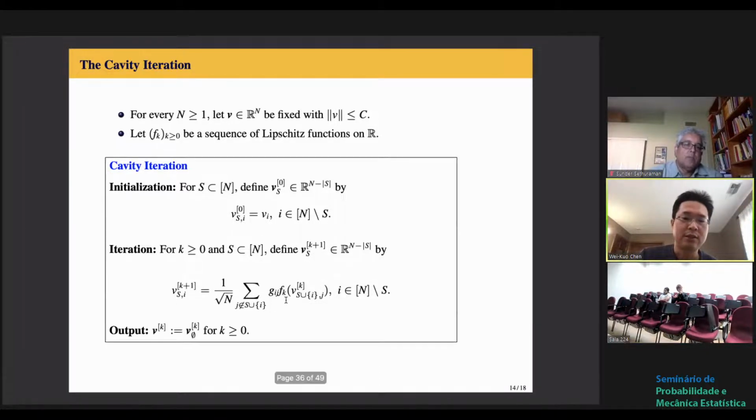So the output in the end is just V, and then the empty set. That means I look at V, I don't kick out anything, and define this iteration. This is the output we want.